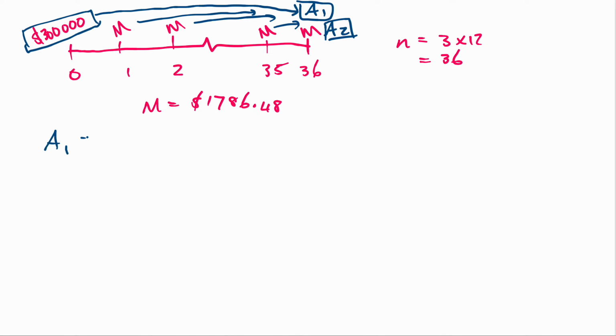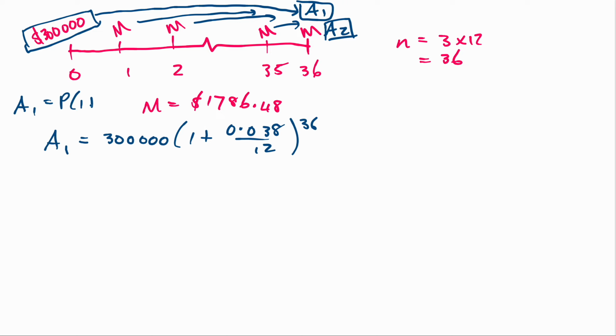So I can say A1 is equal to 300,000 times 1 plus 0.038 over 12 to the 36. So basically, I probably should have written the formula first, just the compound interest formula that is on your sheet, like that.